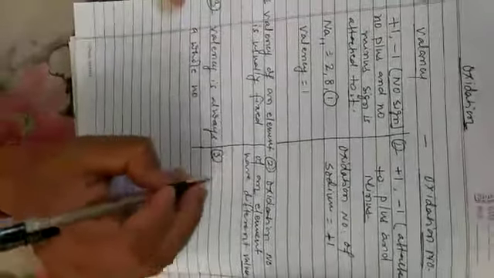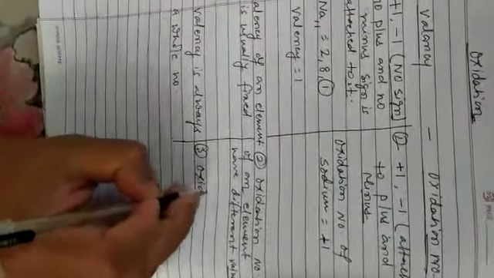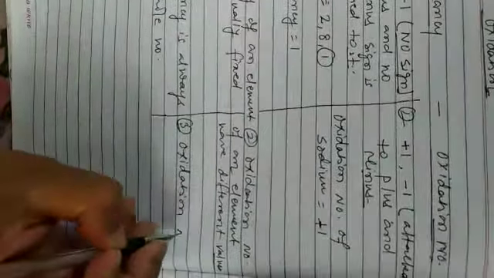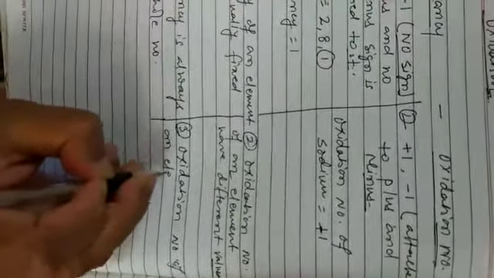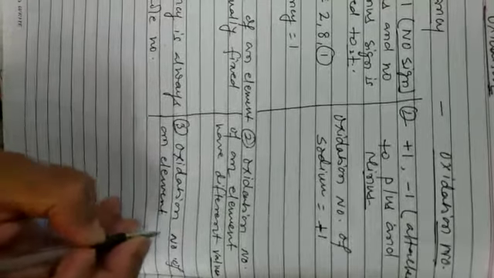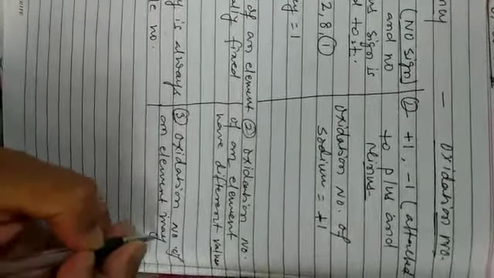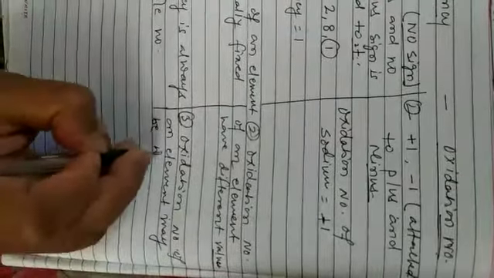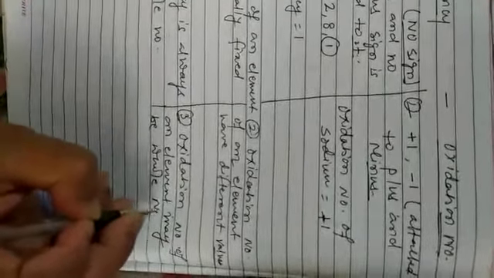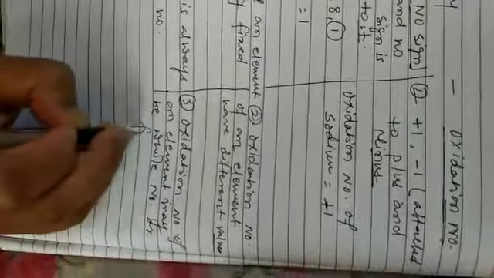But the oxidation number of an element may be a whole number or a fraction. So it can be 0.5 also.